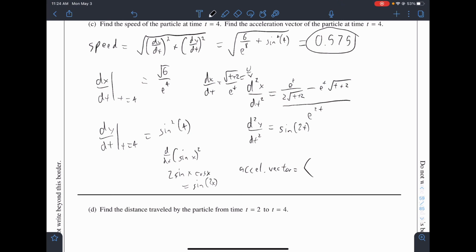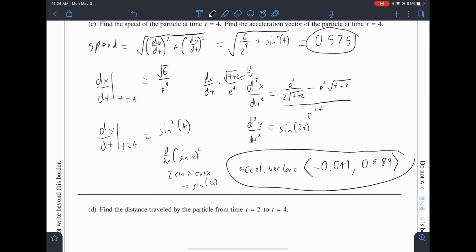It's going to give us negative 0.041. So that is our x-acceleration. And now sine of 8 is just going to be our y component. So 0.989. And boom. That's it for C.